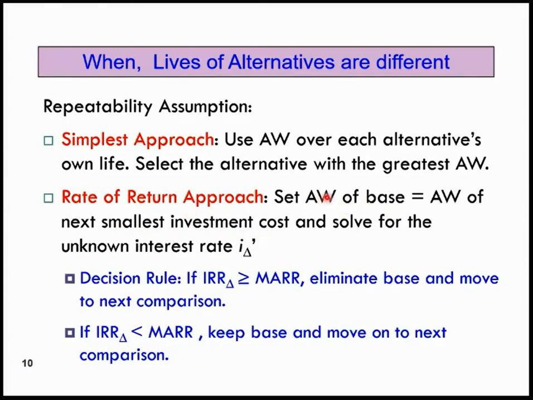And then you try to satisfy this equality by finding the interest rate. Which interest rate satisfies this equality? And when you find it, you find the rate of return of the incremental cash flow. If it is greater than or equal to MAR, you eliminate the base and move to the next comparison. Otherwise, you keep the previous base and move to the next comparison. This is the repeatability assumption when the useful lives are different.